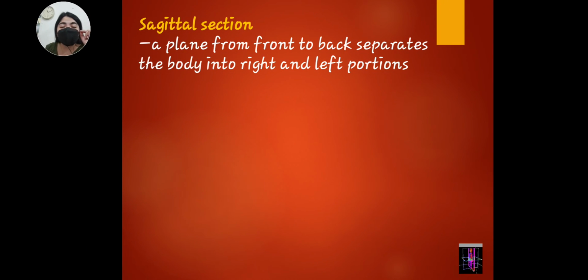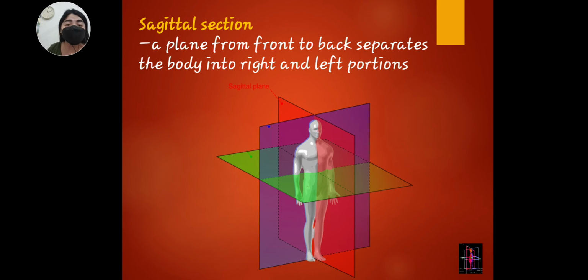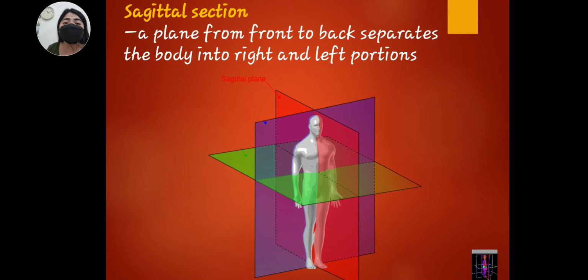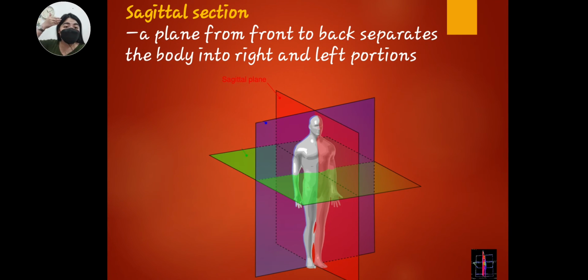While the sagittal section is a plane from front to back that separates the body into right and left portions. Let me illustrate that further. If the coronal is this one, because it separates front and back, the sagittal is this one.